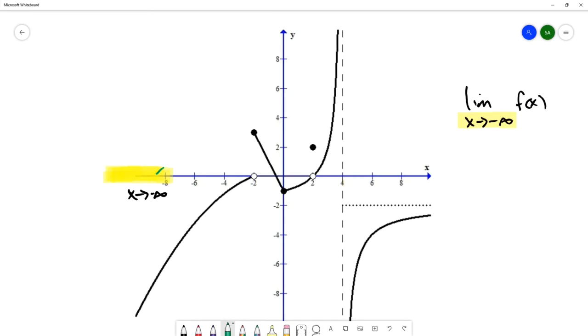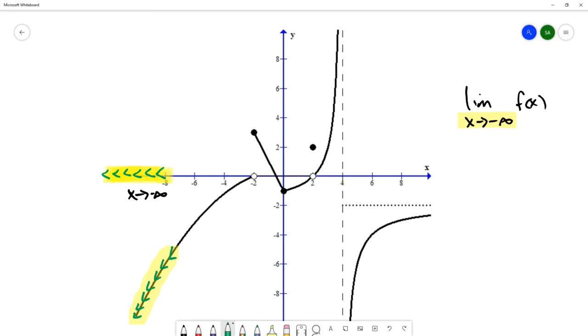And x approaching -infinity needs to go this way to approach -infinity. So I want to find the portion of the graph that is matching that description. So I'm going to find the farthest left portion of the graph, which is right here. And I'm going to trace away from 0 because that's approaching -infinity.